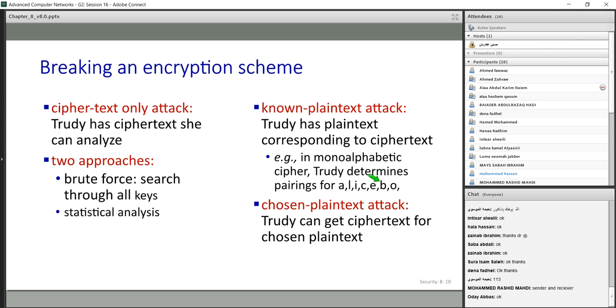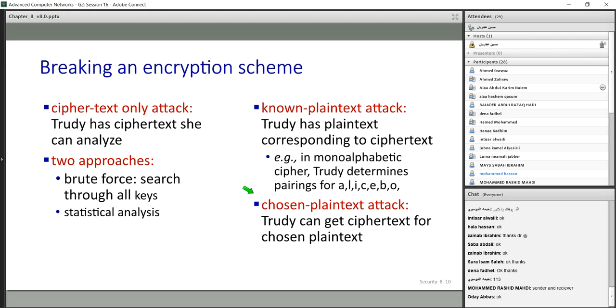Trudy knows that this message is sent between Alice and Bob, so she looks for those monoalphabetic characters. Trudy will try to replace those characters and find the encryption strategy in the message.